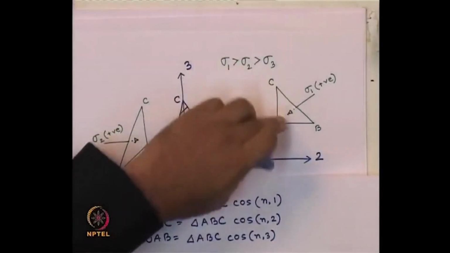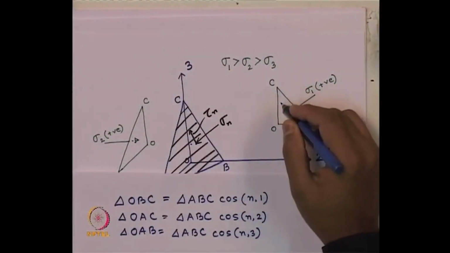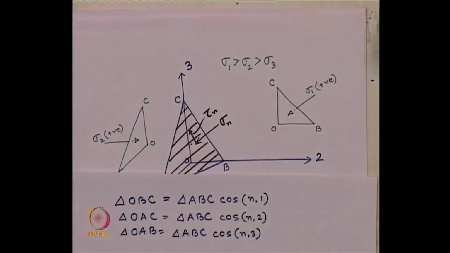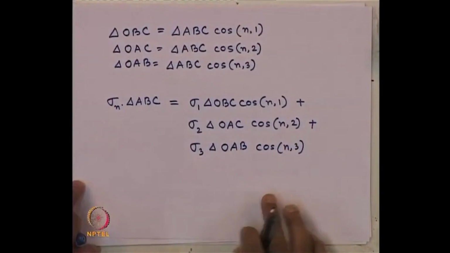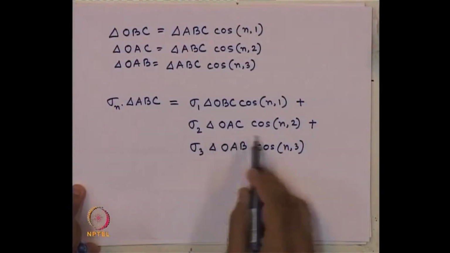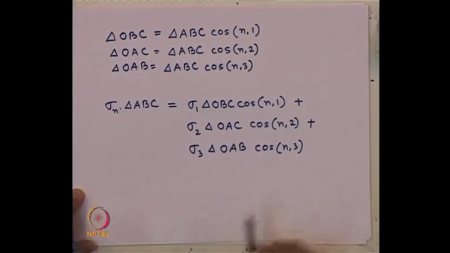So, on plane OBC we have total normal force sigma 1 times this area, then its projection on the nth plane. So, that is why cosine of n1. Similarly, for the other two, sigma 2 OAC times its projection on this and sigma 3 OAB times its projection on this.